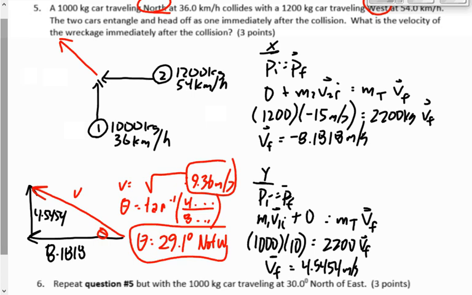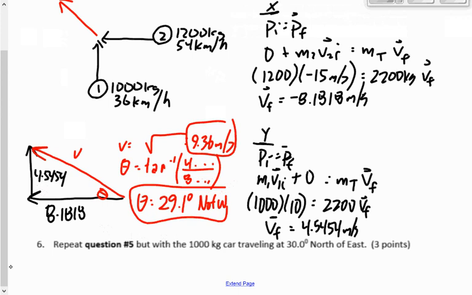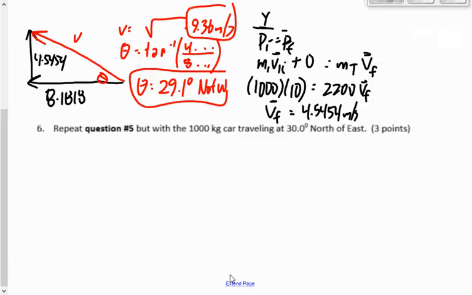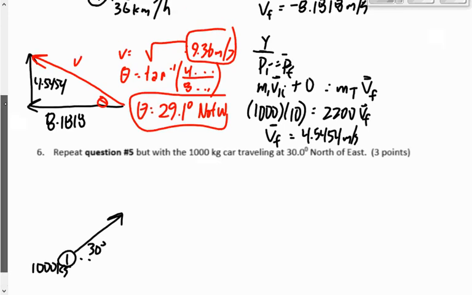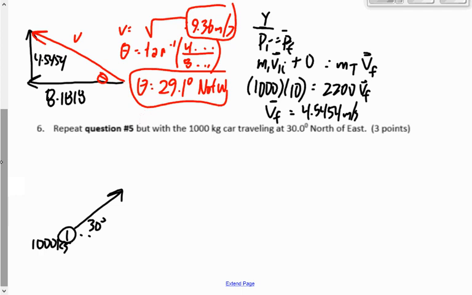Number 6. Number 6 asks us to repeat question number 5, the one we just did, but this time the 1,000-kilogram car is traveling north of east. So car number 1, 1,000 kilograms, is going like this, 30 degrees north of east, at a speed of 36 kilometers per hour, or 10 meters per second will make it, because most of you did it in meters per second.